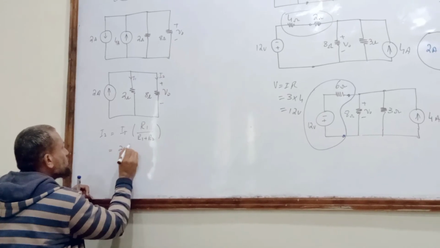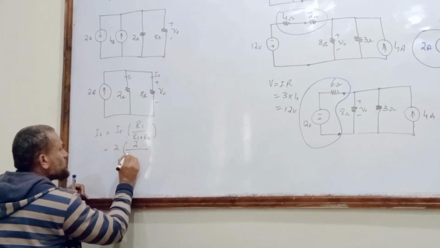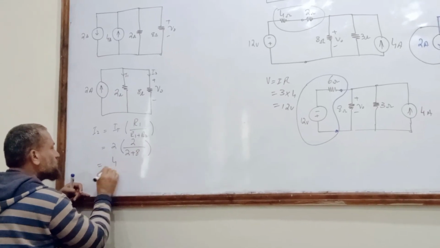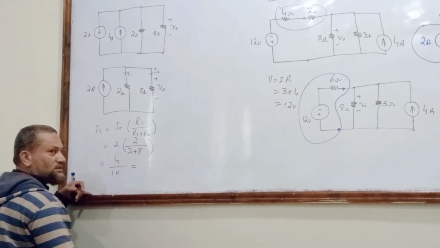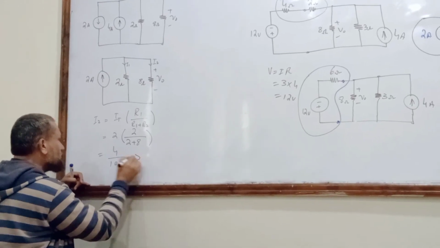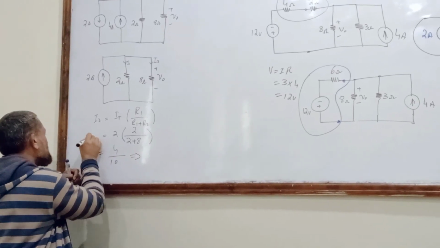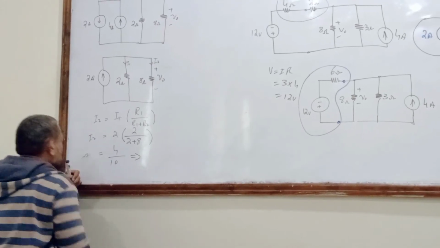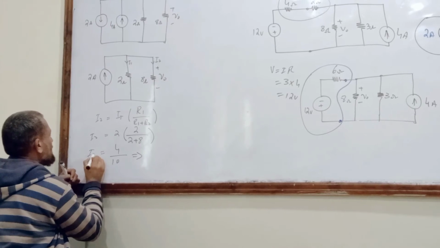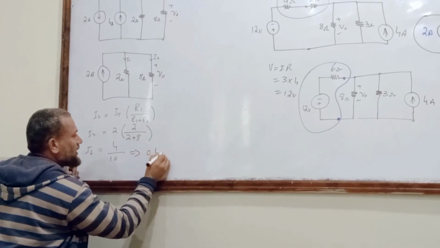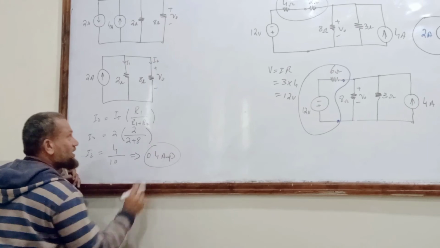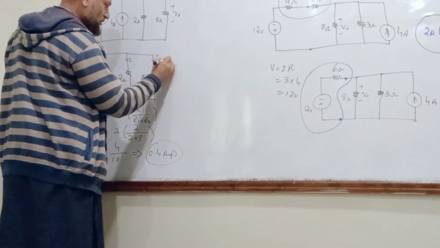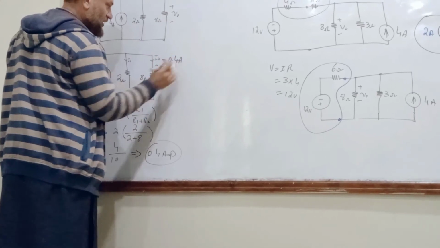I total is 2, R1 is 2, over 2 plus 8. That is 4 over 10. How much is this one? 0.4. Yes, 0.4 ampere. This is the current flowing through the 8 ohm resistor, 0.4 ampere.